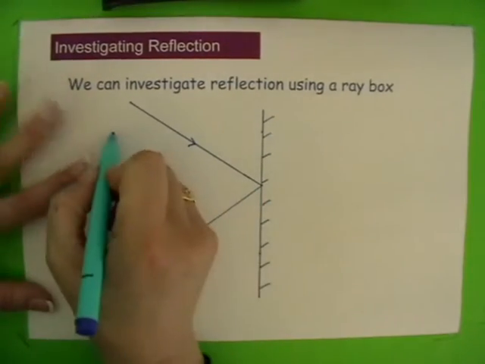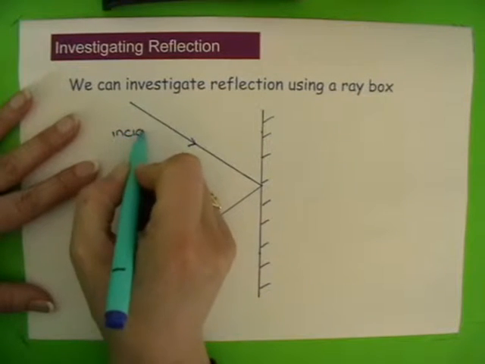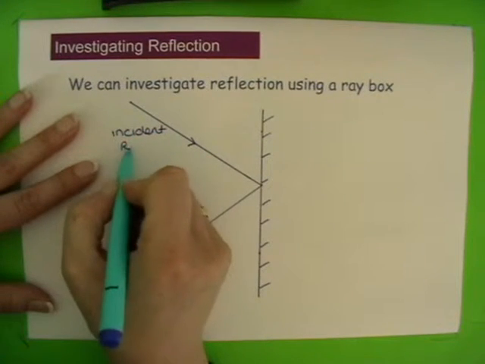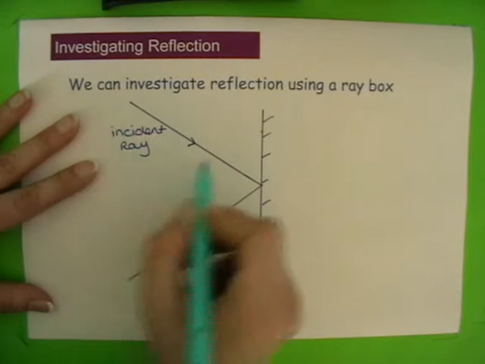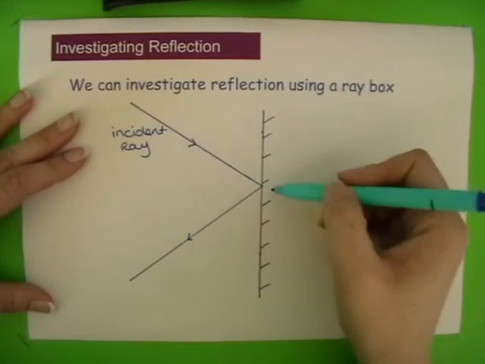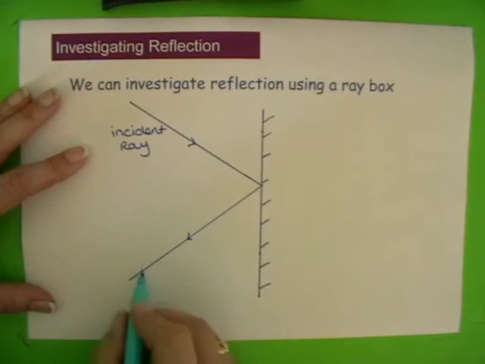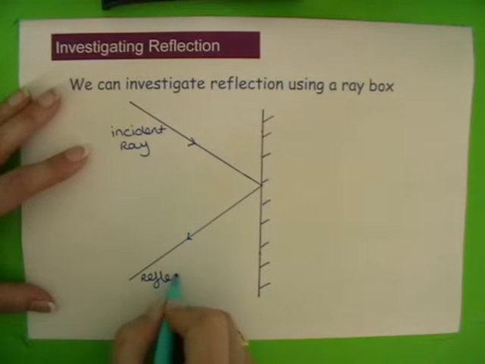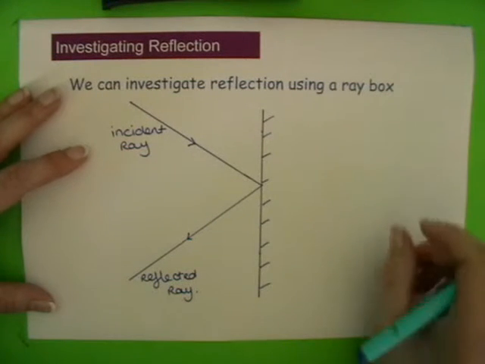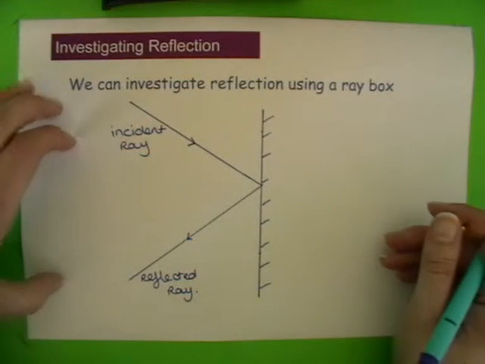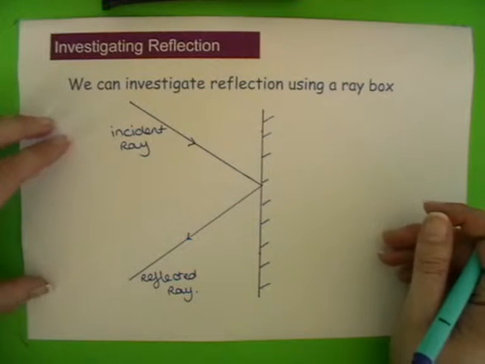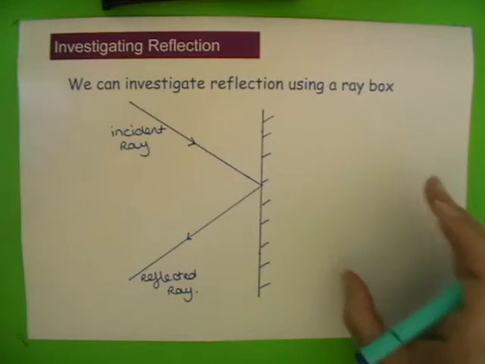This is what we call the incident ray, because it is the one that is incoming to the mirror. It then meets the mirror and is reflected, so this ray is then called the reflected ray. Now, there are some other important factors when we're drawing these diagrams to ensure accuracy.